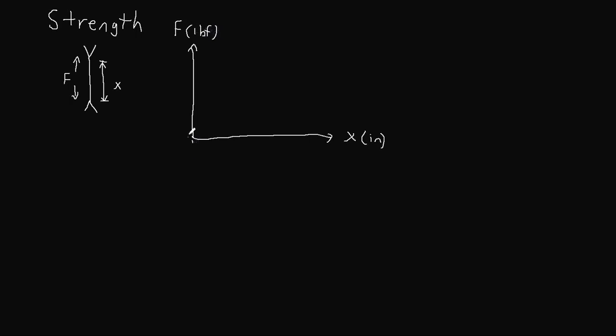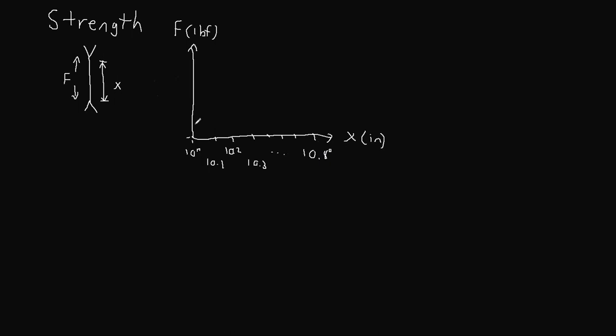At the initial point, we'll start at, say, 10 inches long, and then we'll have some increments out here. Usually these changes in length are pretty small, so you might say this is 10.1, 10.2, 10.3, and then 4, 5, 6, 7, 8. So we'll say this is 10.8.